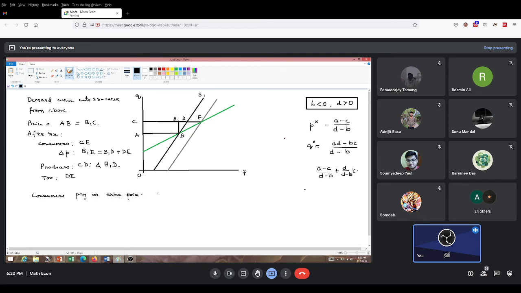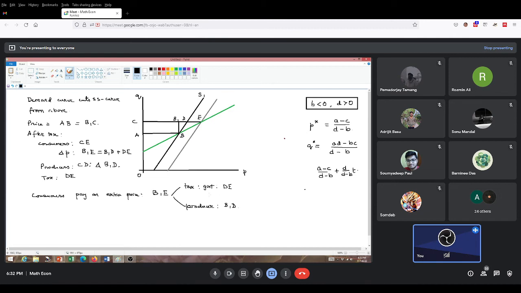The price goes up by B1E. This is split up into two parts. One is the tax which goes to the government. This is DE. And the other part goes to the producer. This is B1D.